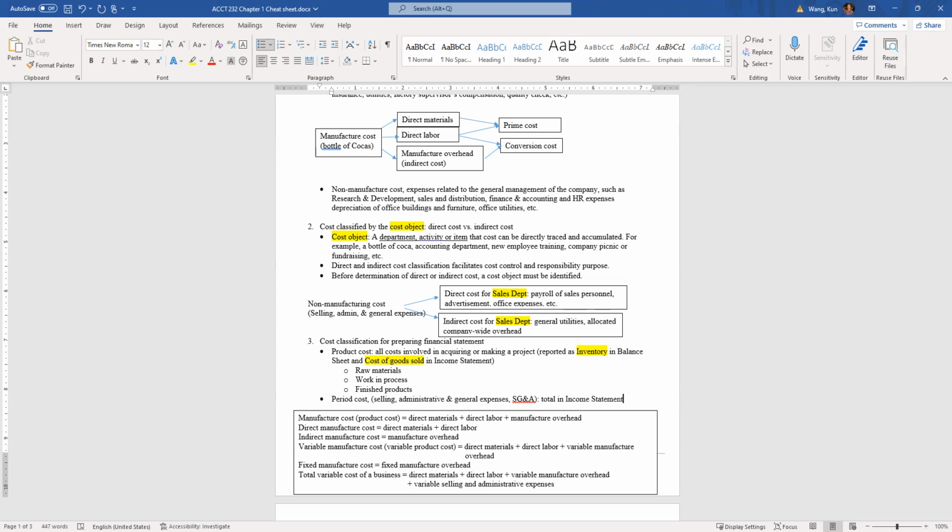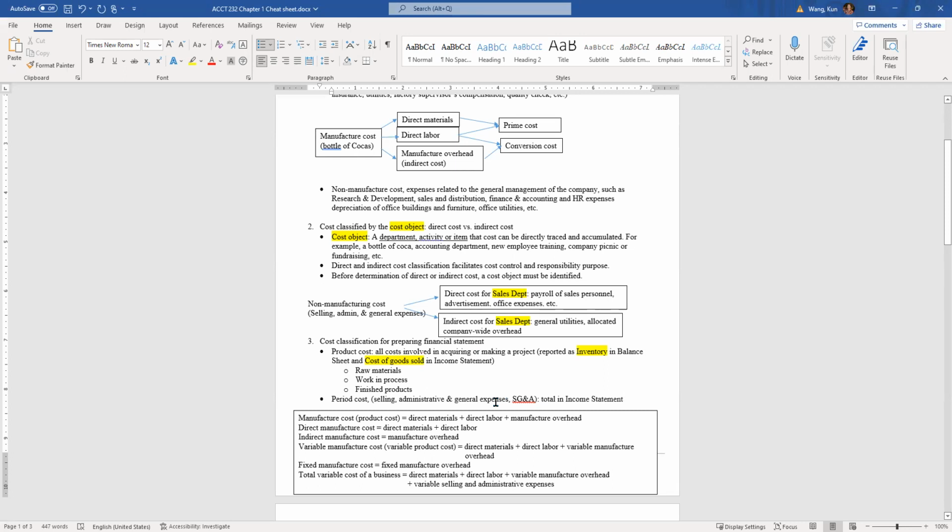Whatever amount occurs in the month or in any period will be summarized and reported in the income statement. In different companies, the name for this category may be slightly different. Sometimes they just call it SG&A, selling, admin, and general expenses, and sometimes they separate them into operating expenses, and then show depreciation, payroll expenses, research and development, and restructuring expenses.